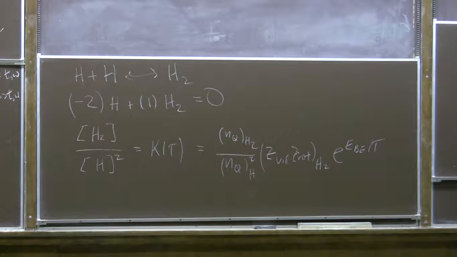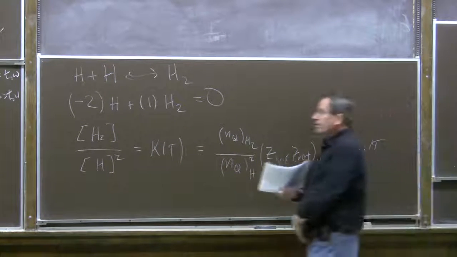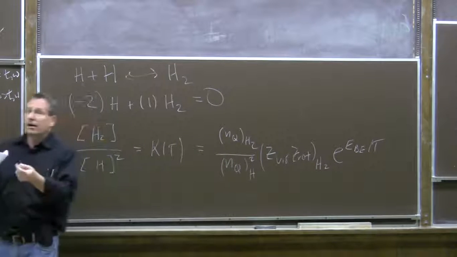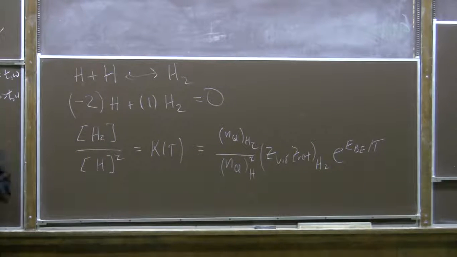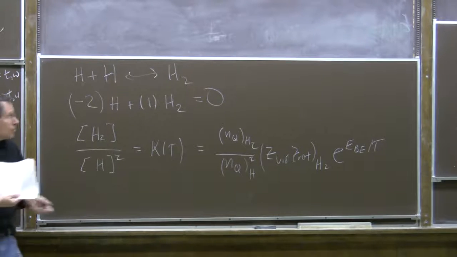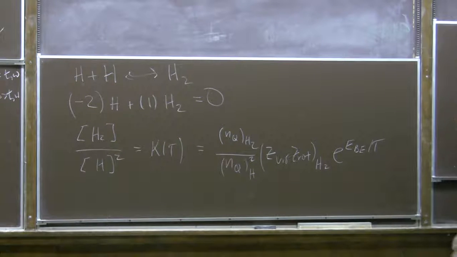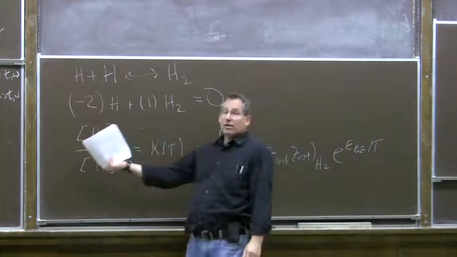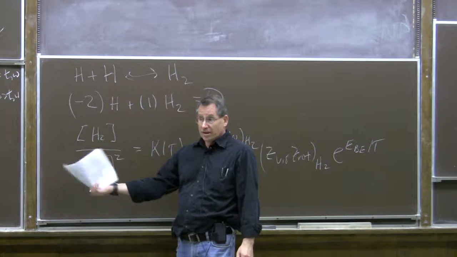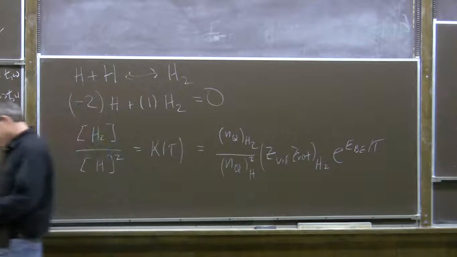At low temperature, the molecular hydrogen is going to be heavily favored. Or another way of saying it is, if we have a lot of molecular hydrogen at low temperature, it's very hard with a thermal fluctuation to break a molecule apart into two atoms. Okay? So at low temperature, the binding energy, which I'm defining to be positive, will enhance the concentration of molecular hydrogen relative to atomic hydrogen. Okay?